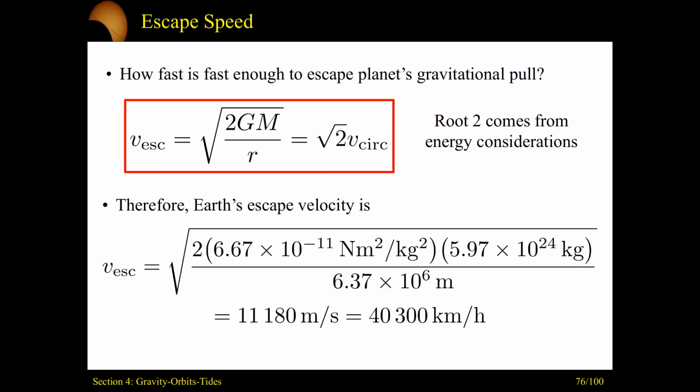Now the radius. In this example, that's you on the surface of the planet jumping up, so the radius will be the radius of just Earth, 6.37 times 10 to the 6 meters. And so it turns out, if you wanted to get yourself away from this planet, you need to be moving almost instantaneously at 40,300 kilometers an hour.